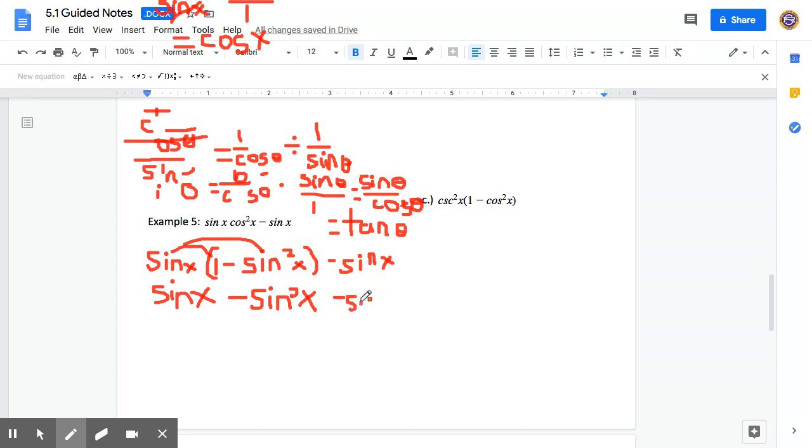So now we do have something that cancels. We have a sine x and a negative sine x. Those cancel out. So negative sine to the third x is what we are left with. And that is our final answer.